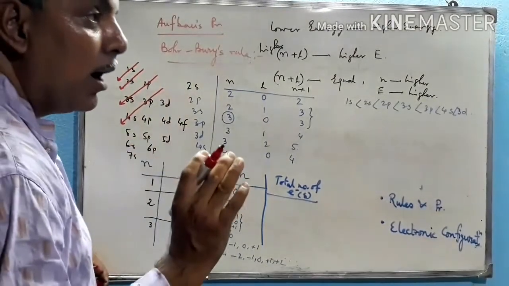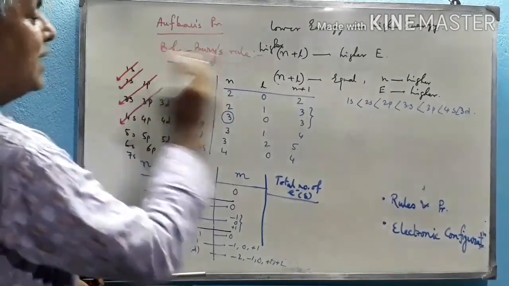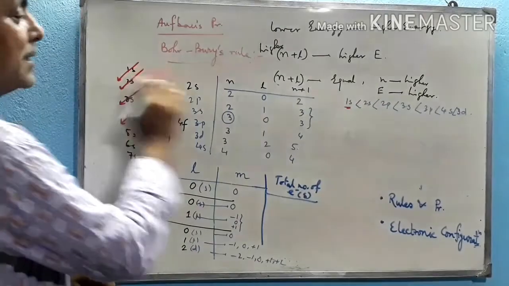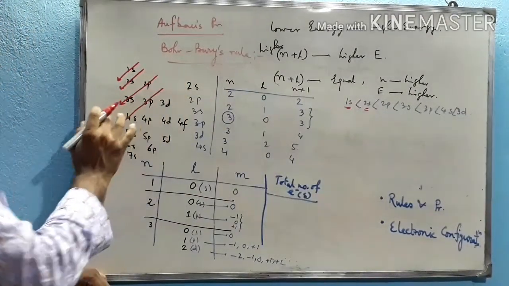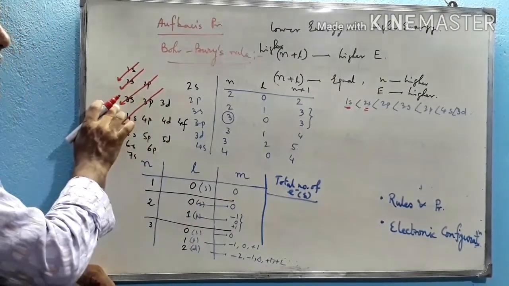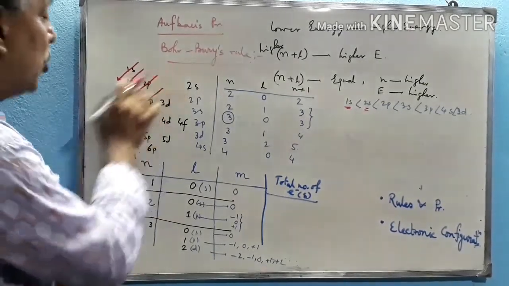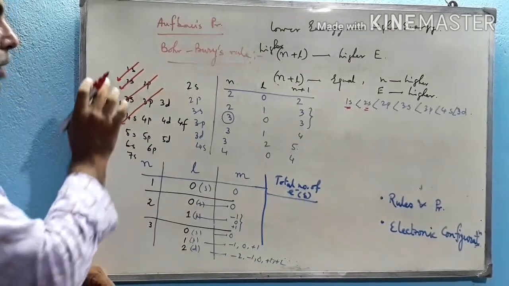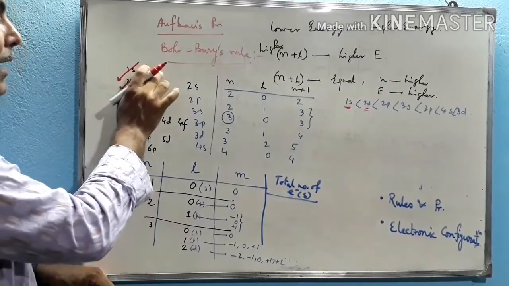So the smaller the size of the arrow, the smaller will be the energy. So the first, smallest one, 1s, has the smallest energy, and then 2s, then 2s, 2p, 3s. In between these two, the energy along the arrow is higher at the head point, but not at the tail point.